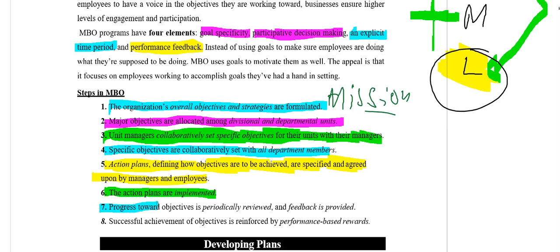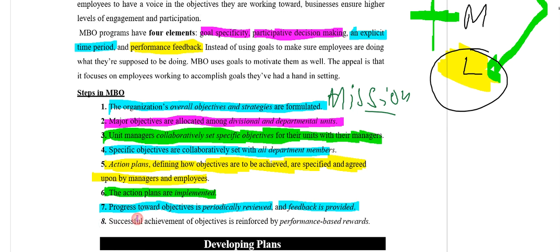Number 7, progress towards objectives is periodically reviewed. Periodically reviewed means after 1 week, after 2 weeks, after a month, after 2 months, performance is reviewed and feedback is given to employees. If any correction or improvement is required, it is communicated.